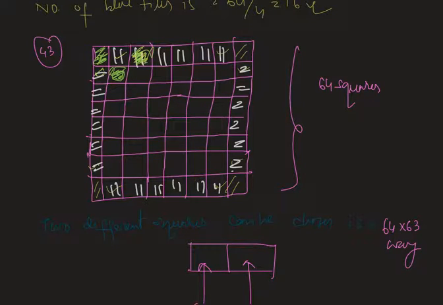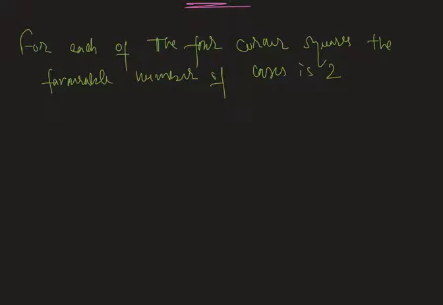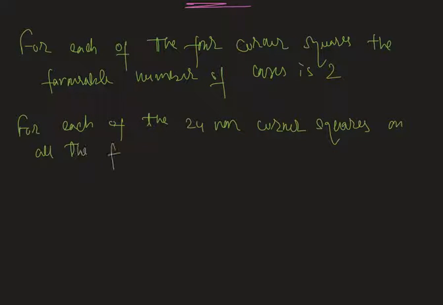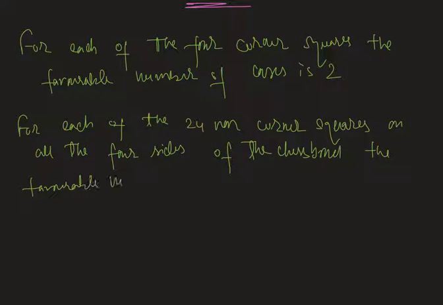So for each of the 24 non-corner squares, the favorable number of cases is 3.